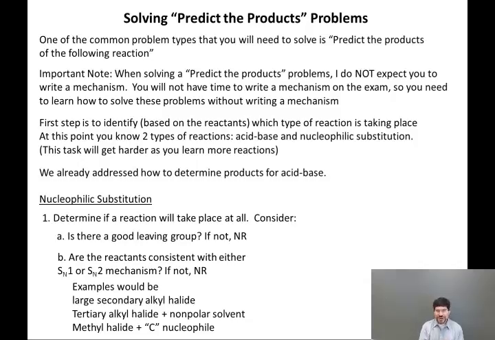If you have a tertiary alkyl halide, in which case you would expect it to go SN1, but the solvent is not polar enough, that's another case in which we would get no reaction. And a third example is if you have a methyl or primary alkyl halide, something that you would expect to undergo SN2, but the nucleophile is not good enough. If the nucleophile that you're given is a C nucleophile, that's also going to be another case of no reaction.